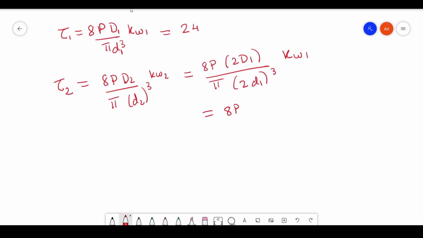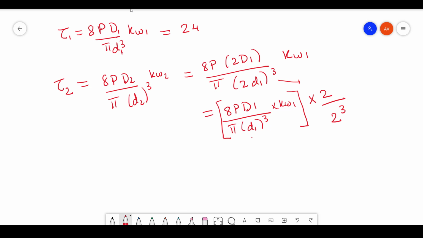So now what do you get here? Let's separate out all the variables, and you get Kw1 into 2 by 2 cube. If you look carefully, this is your tau1 into 2 by 2 cube. So you can write 24 from here into 2 by 2 cube.